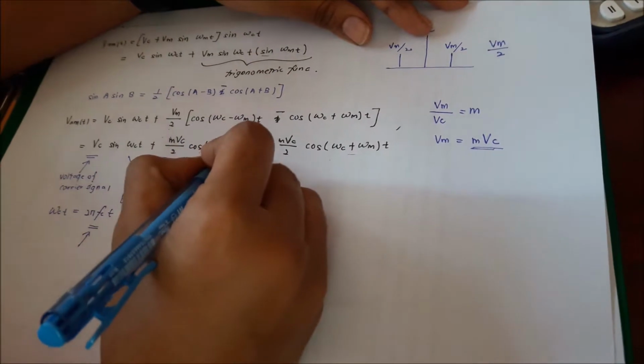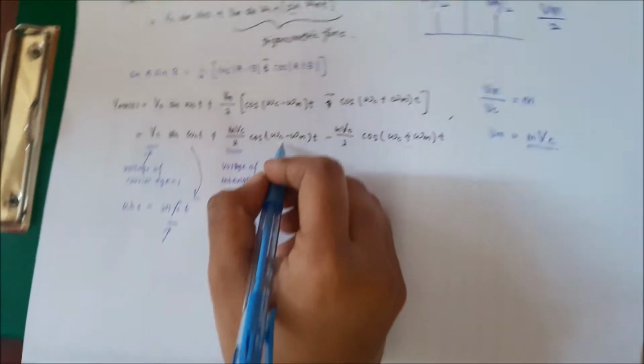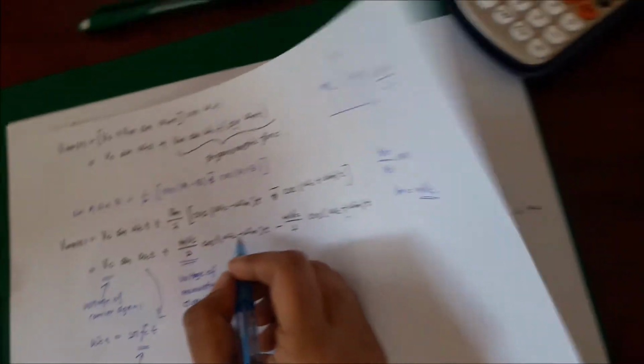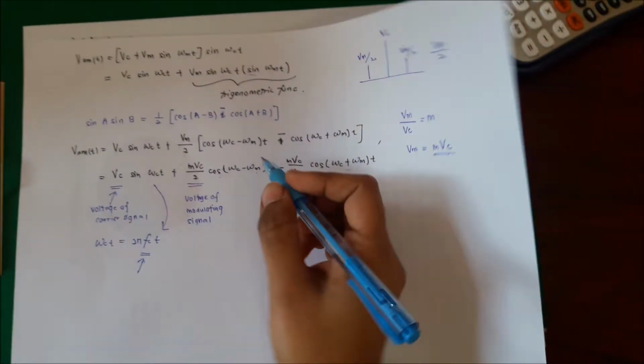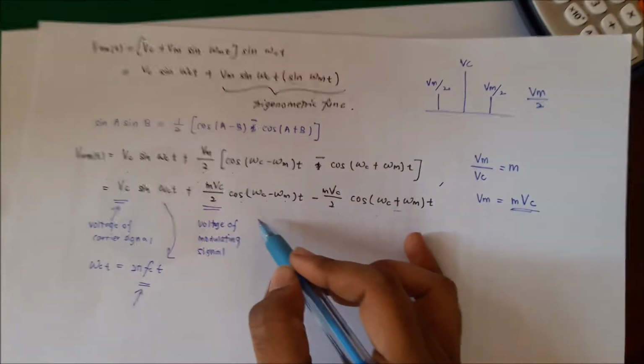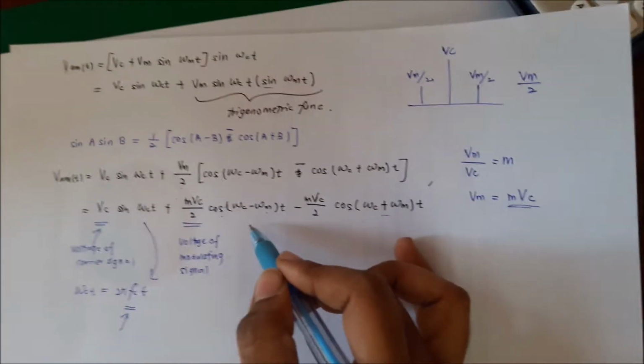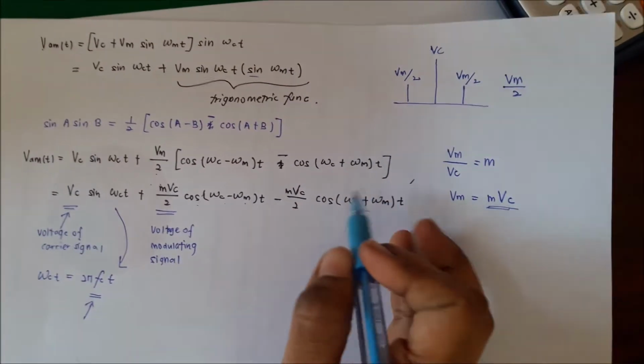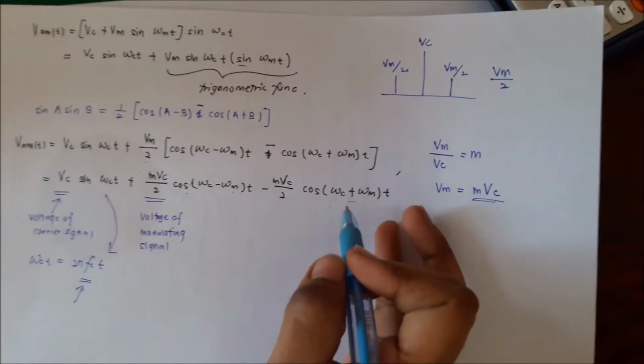So actually your lower side band is here and your upper side band is here.